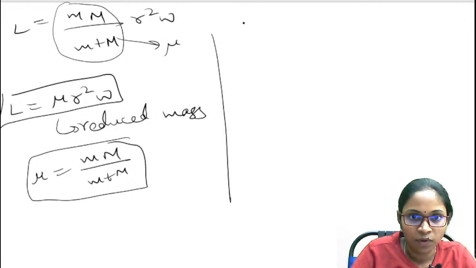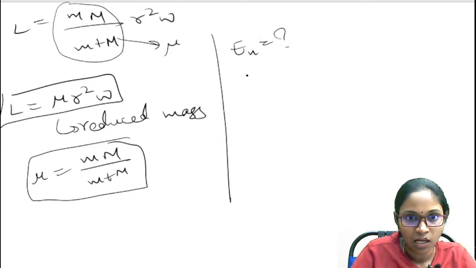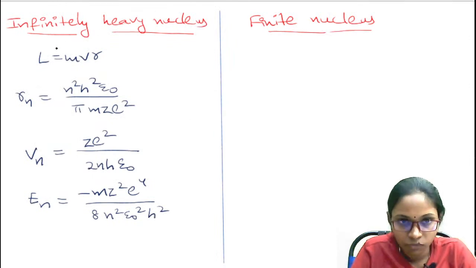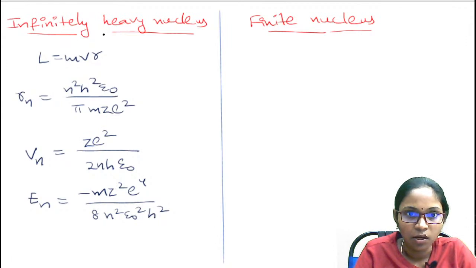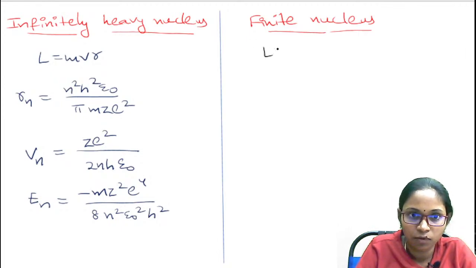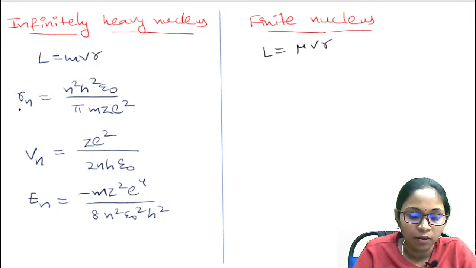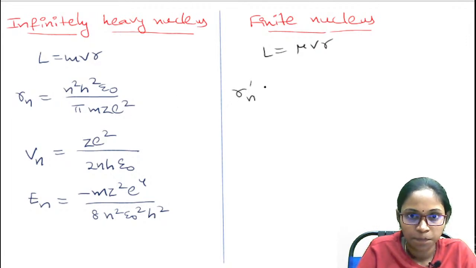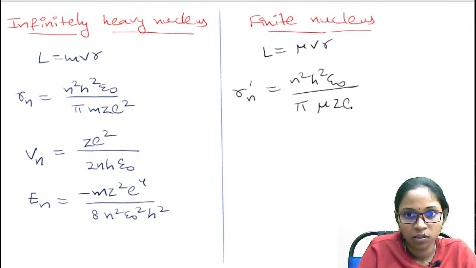So we need a correction for energy, radius and velocity. Initially, for an infinitely heavy nucleus, L equals m v r. For a finite nucleus it will be L equals mu v r. For an infinitely heavy nucleus the radius equation has n square h square epsilon naught by pi m z e square, and for a finite nucleus it will be n square h square epsilon naught by pi mu z e square.